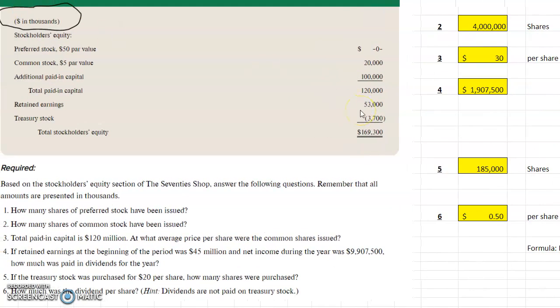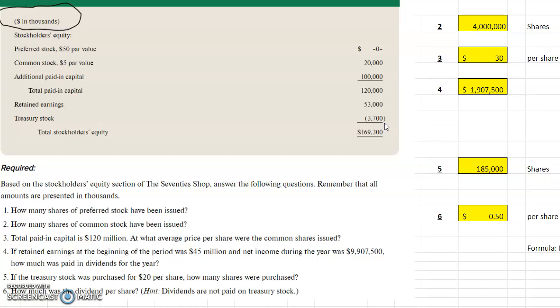Okay, how much treasury stock was purchased for $20 per share? And how many shares were purchased? Treasury stock, we have $3,700. Treasury stock is a negative in the stockholders equity section. All stockholders equity accounts except treasury stock are normal credit balances.